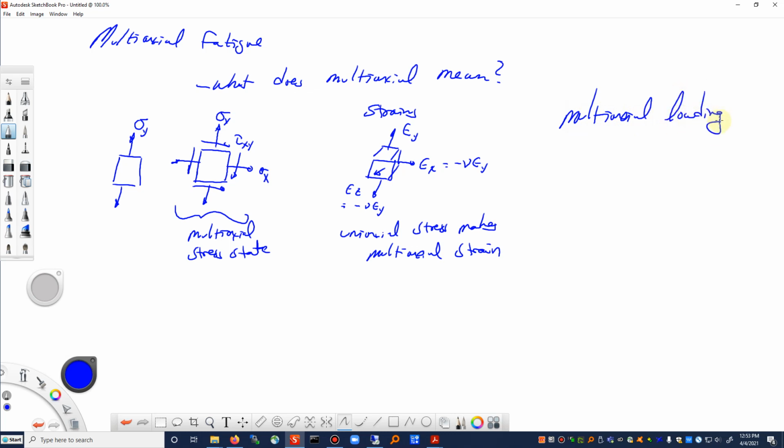This is the term you have to be really careful about, because depending on the context, the meaning may vary. Some people say multiaxial loading, and what they have is a tube with tension and torsion. Okay, sure, that is multiaxial loading. We have an axial force load and a torsional load. So what they mean by that is more than one load.